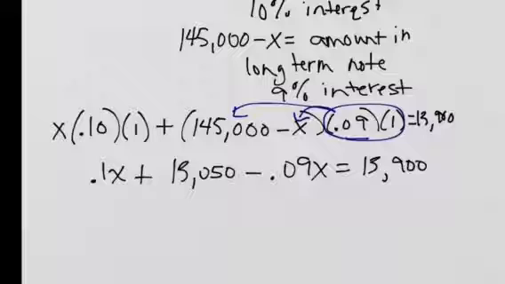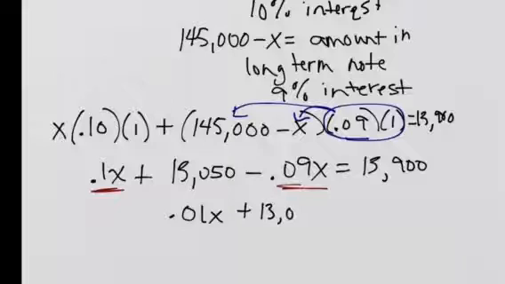13,900. Now when we combine like terms, we'll combine this X with this X. So 0.1x minus 0.09x gives us 0.01x plus 13,050 is equal to 13,900.